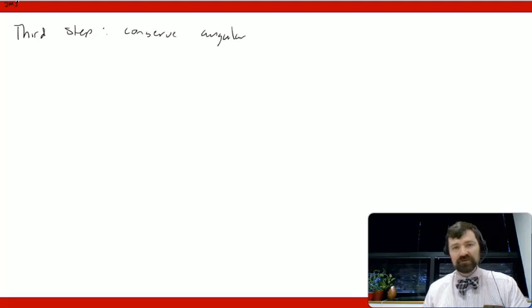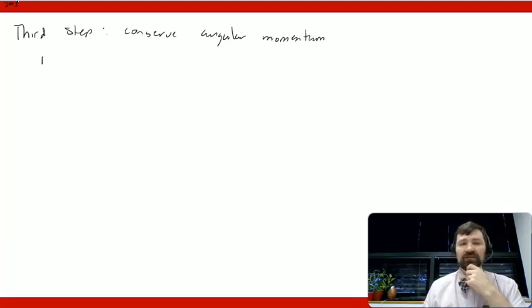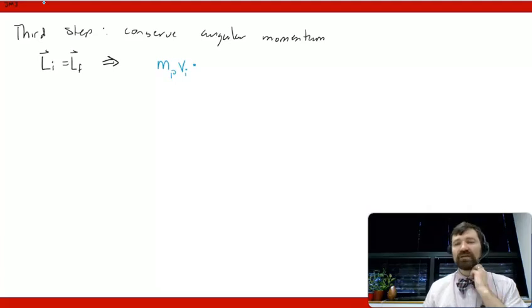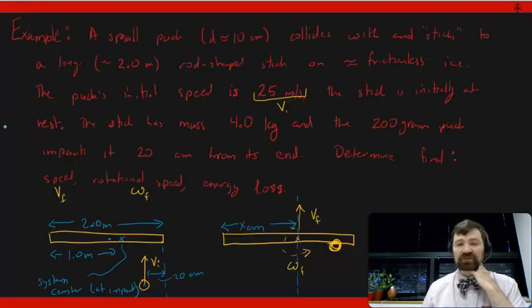Conservation of angular momentum requires that the L initial and L final be equal, but that's the same thing as saying that the mass of the puck times the initial velocity of the puck crossed with the radius, the distance at which the puck is impacting our system relative to the axis of rotation.